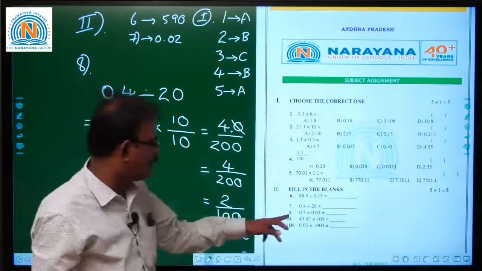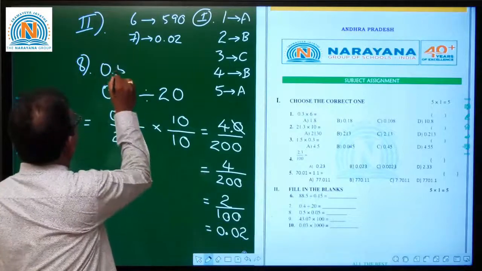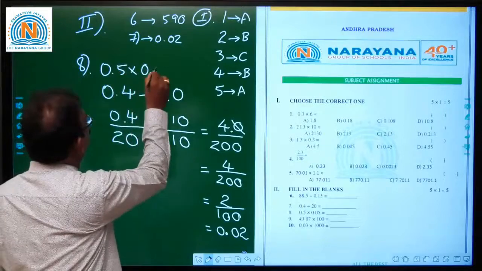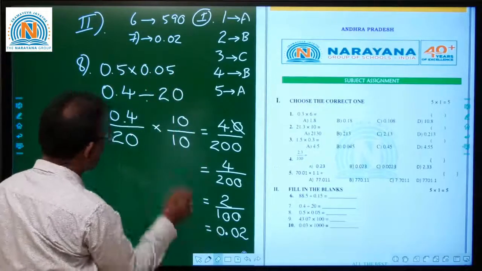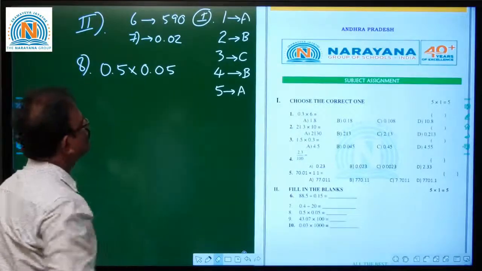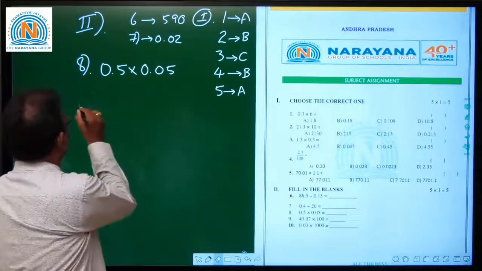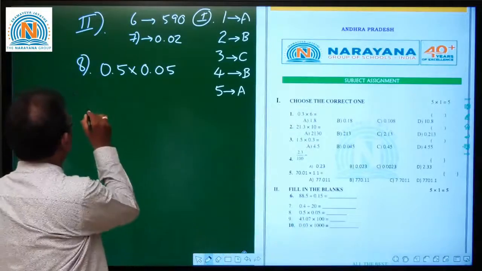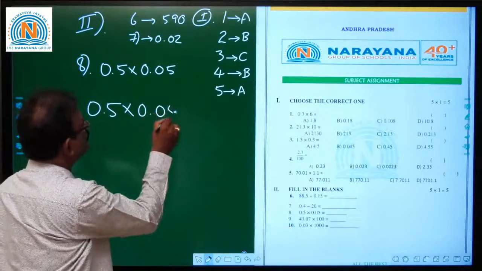So question number 8, 0.5 into 0.05. Now let us write as it is, children.